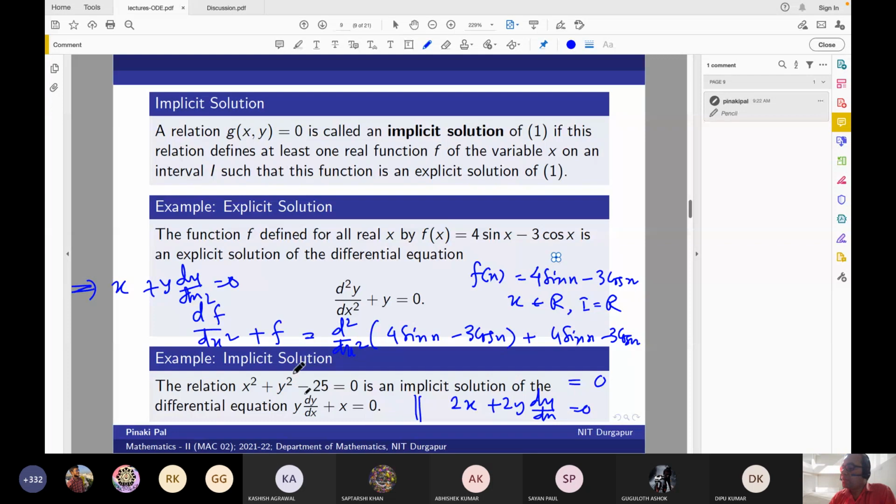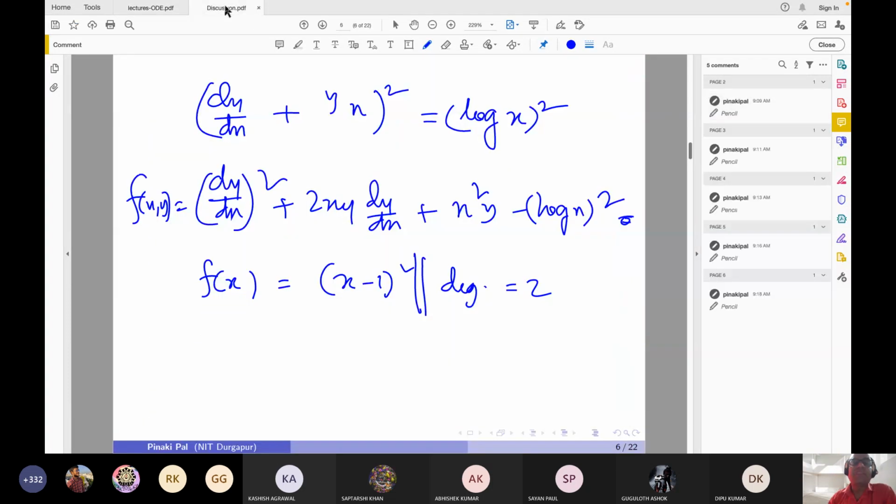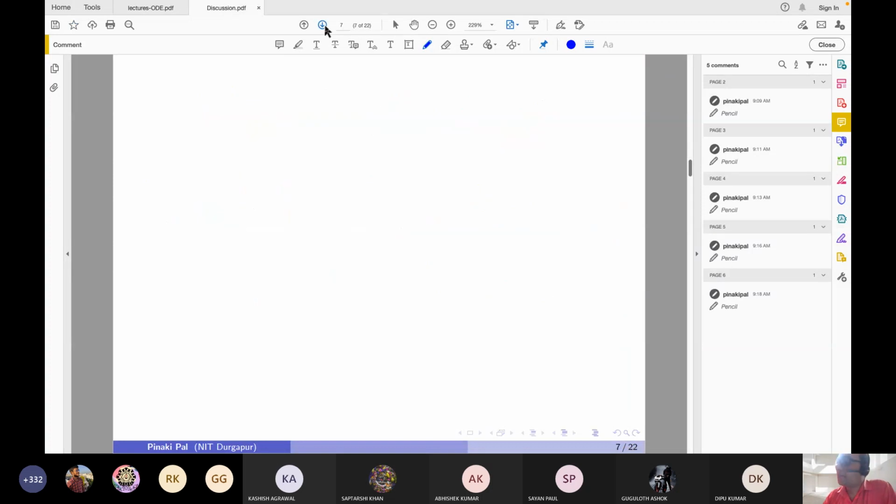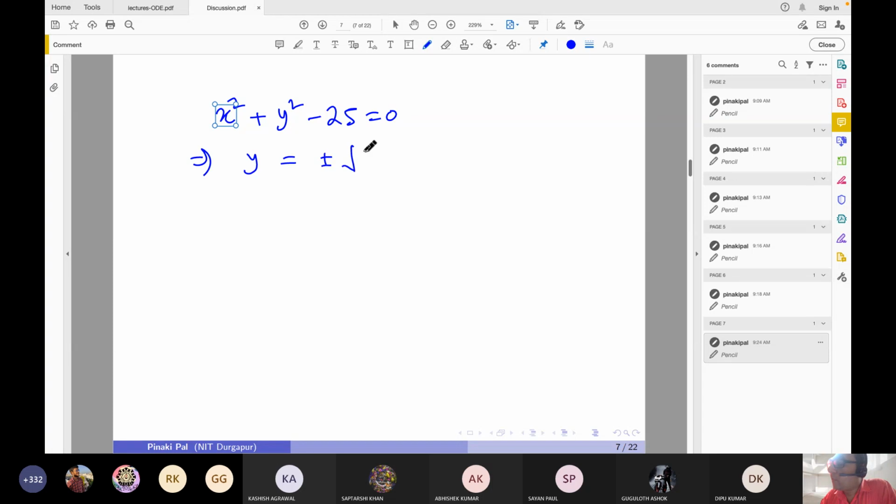And moreover, from this given relation, which is satisfying the differential equation, we can define two functions of x given by plus or minus the square root of 25 minus x².